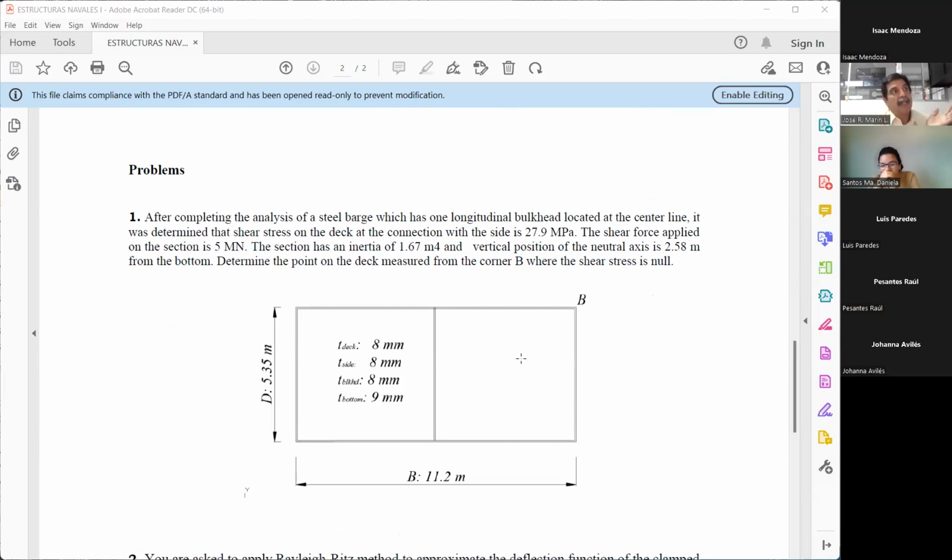So U would be 1/2 M0 squared L divided by EI, and the work would be 1/2 M0 times the slope. Make them equal, and you get it. U is equal to W.